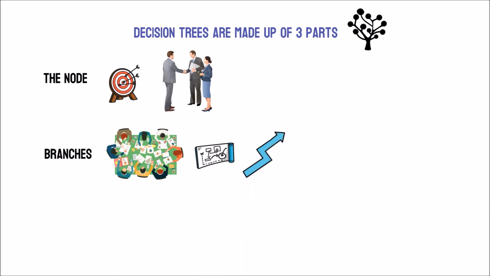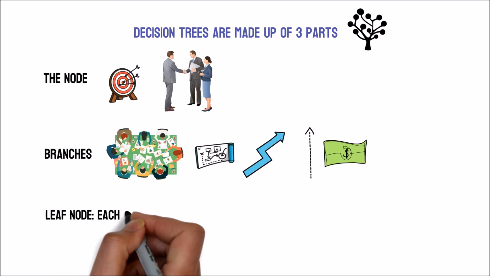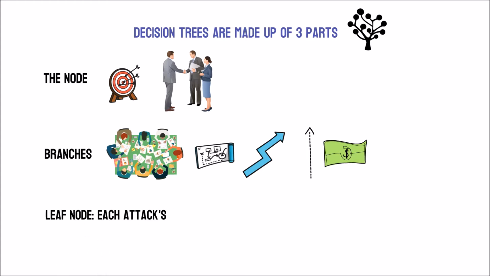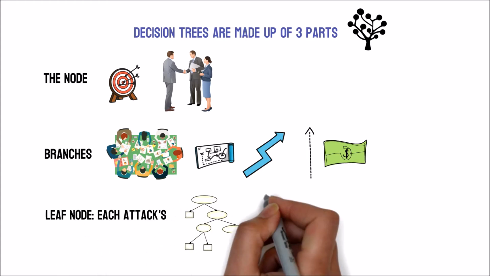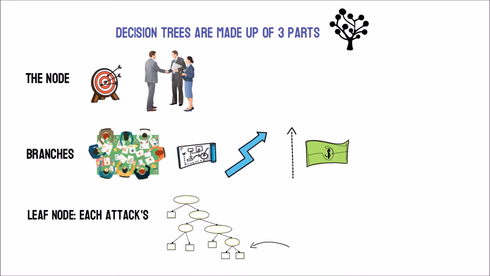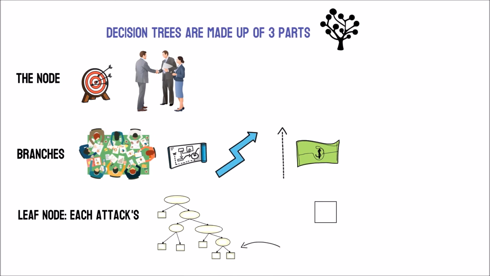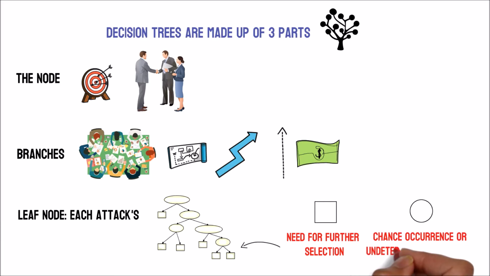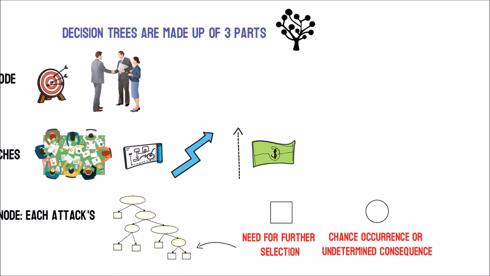They are usually denoted by an arrowhead line and frequently include related expenditures as well as the chance of occurrence. Leaf node. Alternative consequences are represented by the tree structure, which is connected at the ends of the branches. Square leaf nodes signal the need for further selection, and circle leaf nodes represent a chance occurrence or undetermined consequence.